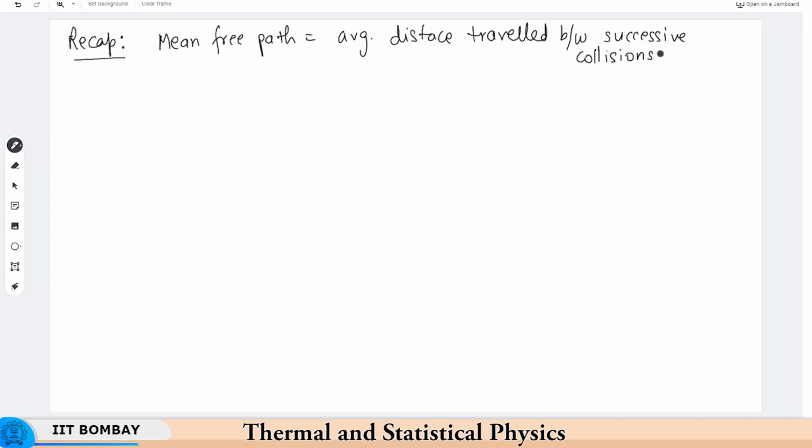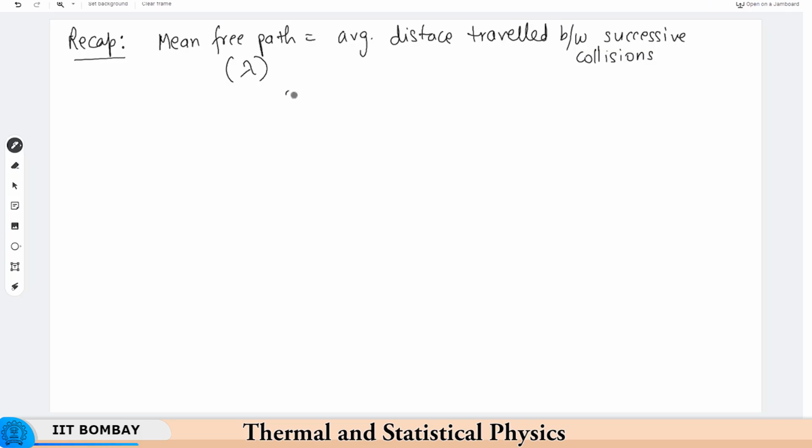We assume that there is a density of these gas molecules. As they move from point A to point B, they undergo various collisions with other gas molecules, and the typical or average distance it travels between two collisions we defined as the mean free path, which we denoted by the symbol lambda.